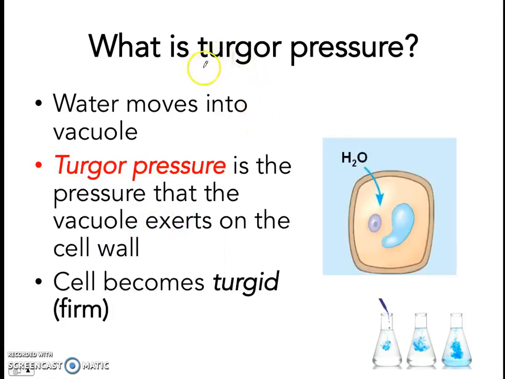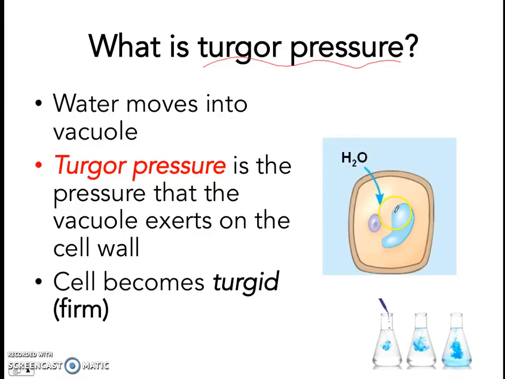You might have seen the phrase turgor pressure inside your textbooks, so let me explain what it is. Turgor pressure is something that is around when water moves into the vacuole of a plant. Imagine water moving into this vacuole. Over time, pressure is built up, like filling up a balloon with water.